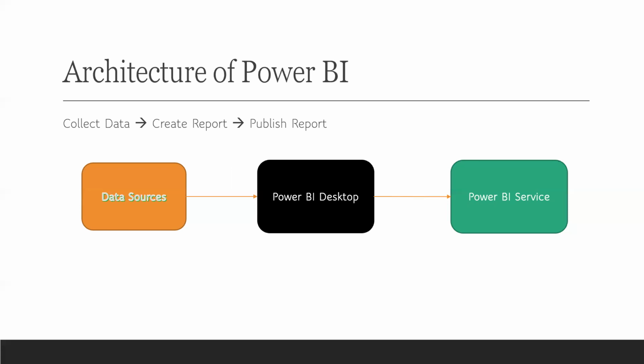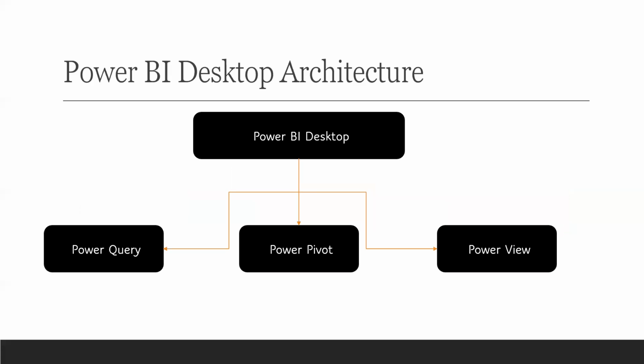Before that, you are developing these Power BI reports in your Power BI Desktop. Power BI Desktop has 3 things: Power Query, Power Pivot, and Power View. I'm going to come to the detail about that, and then we will start with the actual Power BI, and you will understand more about it. So Power Query, Power Pivot, and Power View: three things combined as Power BI Desktop.